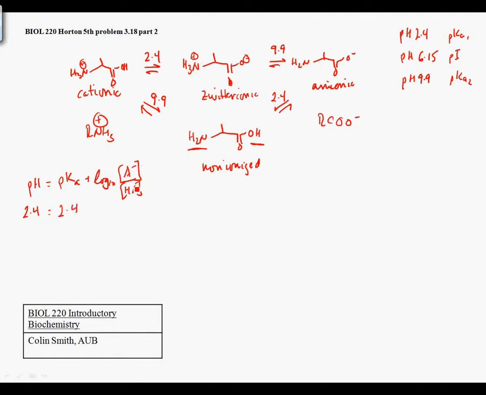We're going to see that these are equal. So at pH 2.4, the concentration of the carboxylate is going to be equal to the concentration of carboxylic acid. And if I do the same thing at pH 6.15, what will I get?